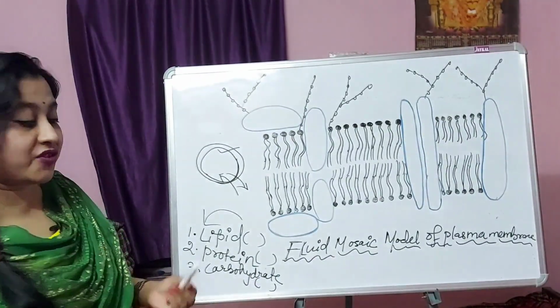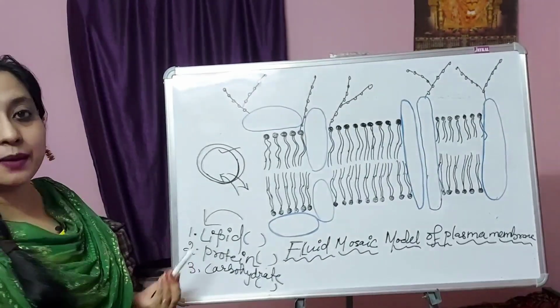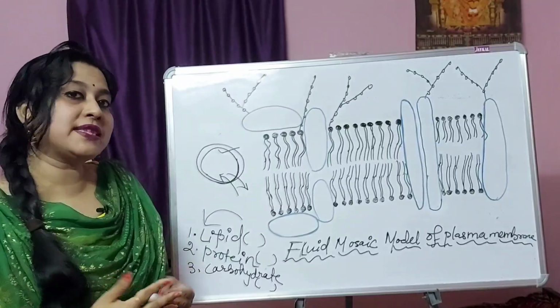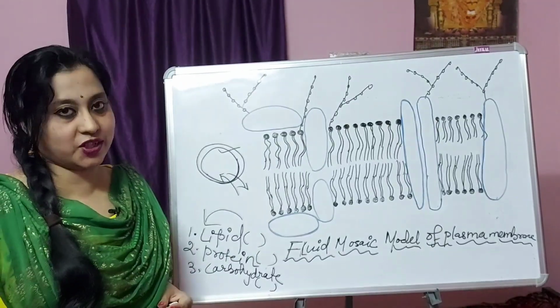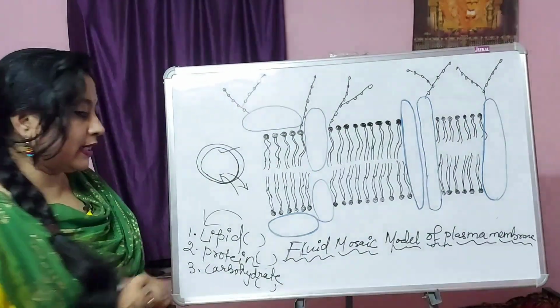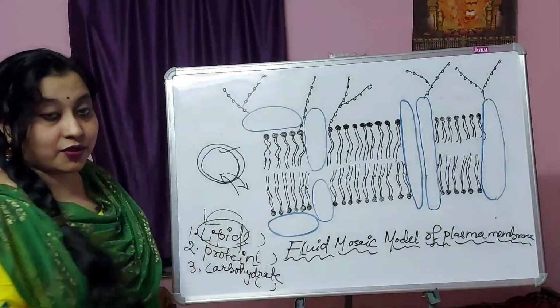But how are all these lipids, proteins and carbohydrates arranged in the cell membrane? The structure of the cell membrane I am going to explain in this video. So first I will tell you about the lipid part.